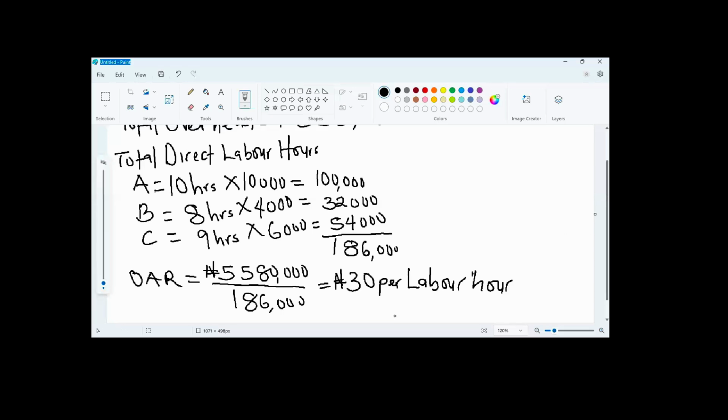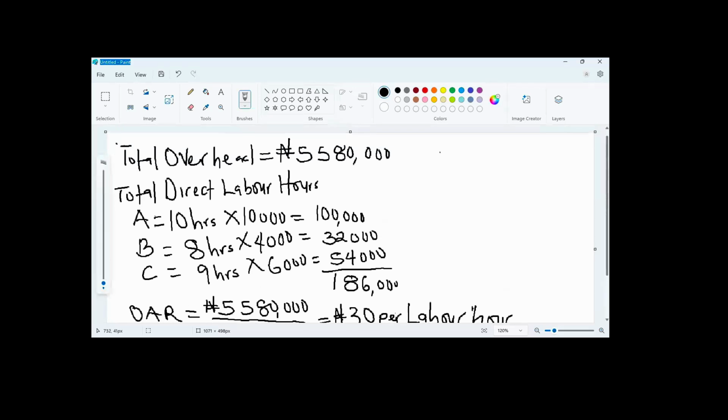You can now calculate overhead cost per unit.